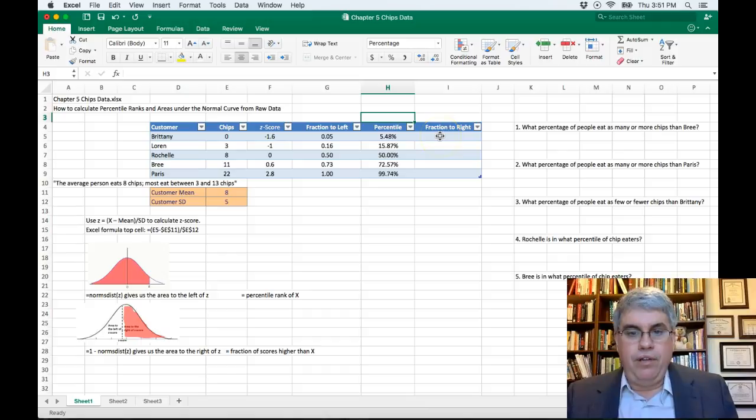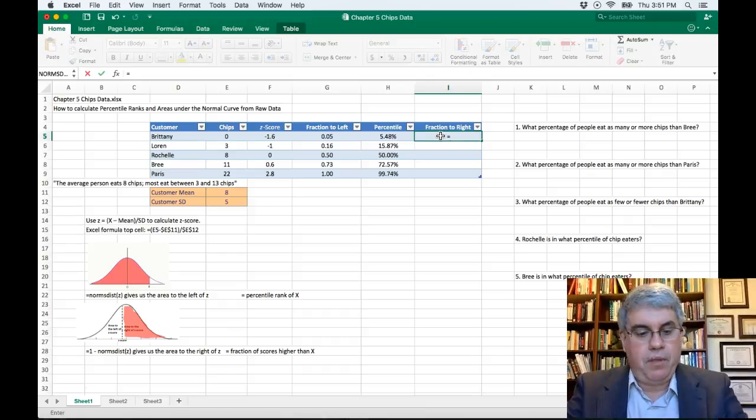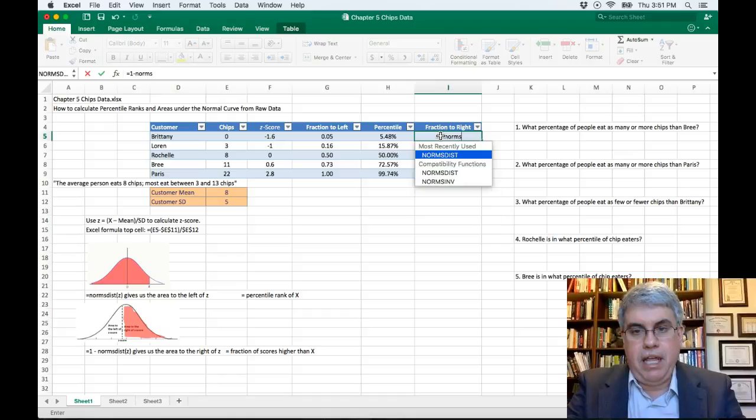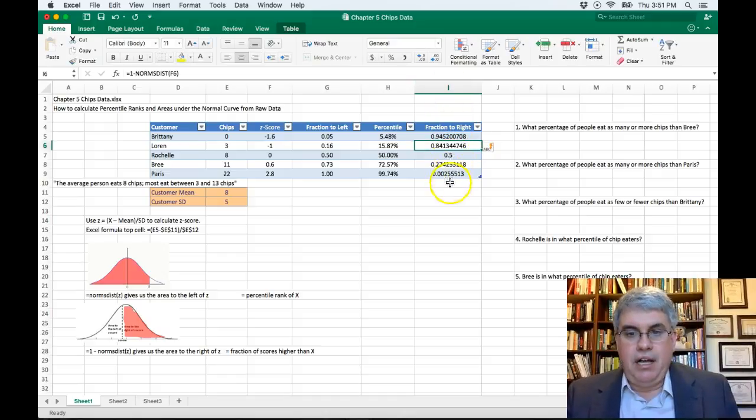So in order to calculate the fraction to the right, I'm going to type an Excel formula: equals 1 minus NORM.S.DIST, open parentheses, and our z is in F5, close parentheses, and I'll press enter. And I get some decimals there.